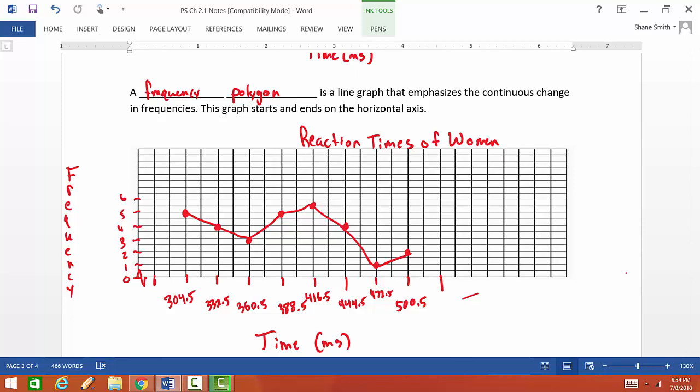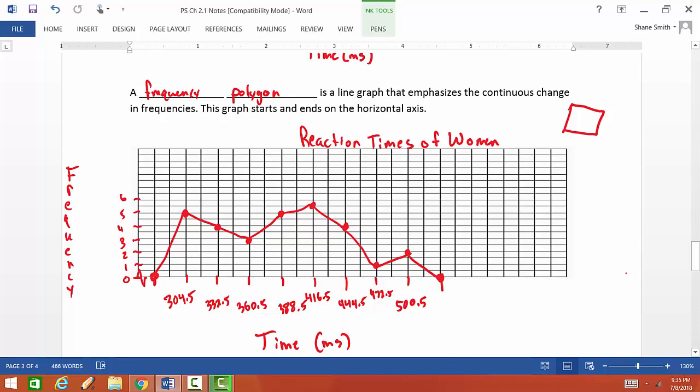Okay, so we look at this, and then we say to ourselves, well, is this a polygon? And if you remember from geometry, polygons are enclosed figures. This is not enclosed. Well, that's what these are for. So, if I subtract, because remember, all these midpoints are 28 apart.